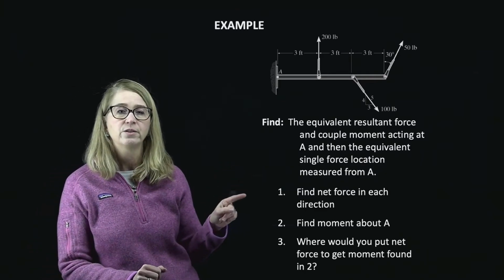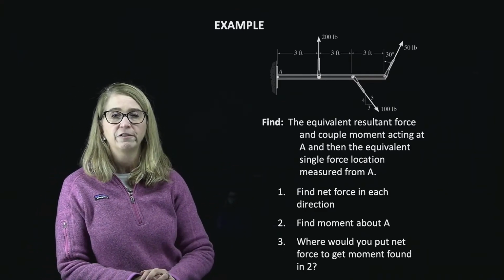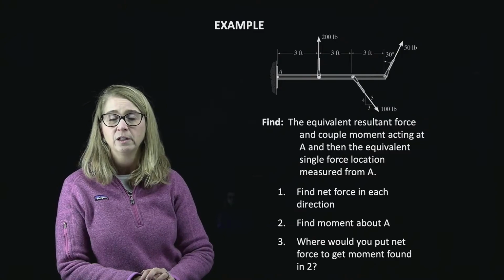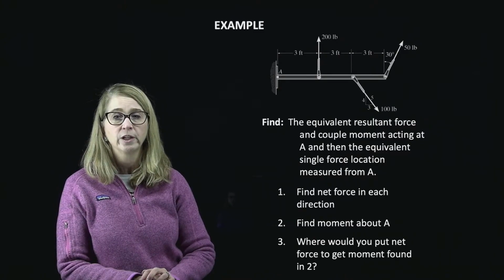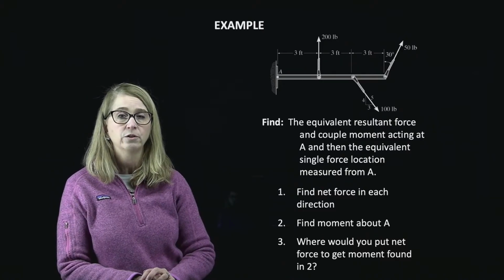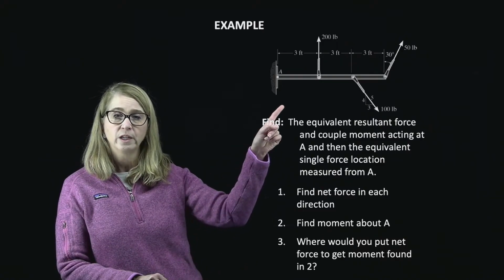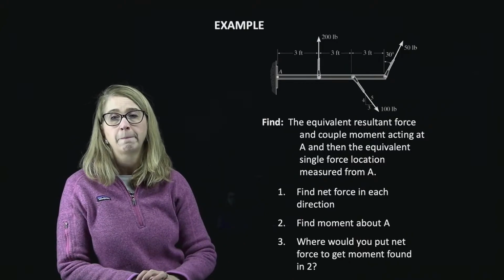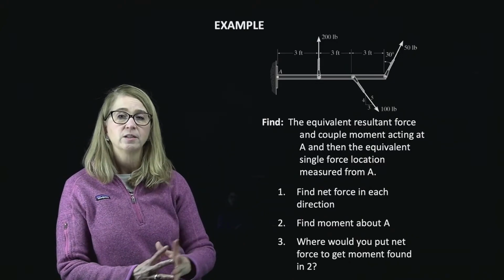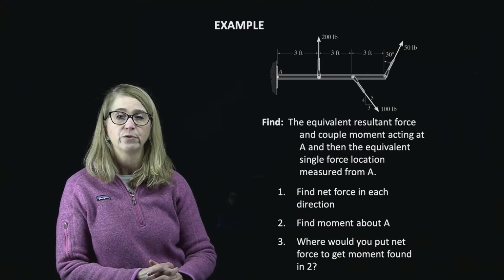Okay, so the first thing that we have to do is find the net force in each direction. That means we're going to look at the sum of the forces in the x direction and the sum of the forces in the y direction. And that's just looking at what's going on in this picture here. That's going to tell us what our total force is for our equivalent system.